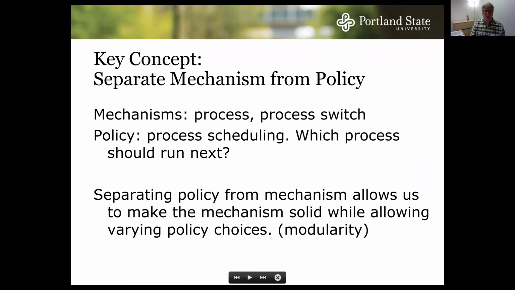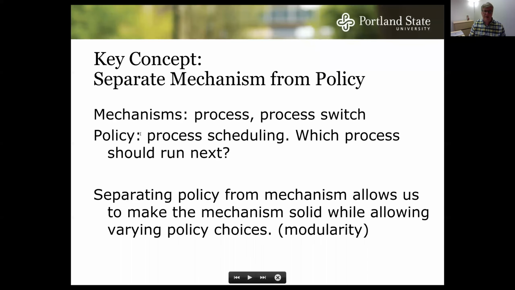So our mechanisms are processes, specifically the creation and termination of processes, and then the switching of processes. Stop one process by saving its state out to memory, and then establish a new process by reading its state into the CPU, overriding the register contents, and therefore you have the ability to switch processes.